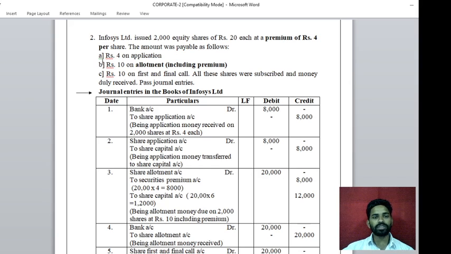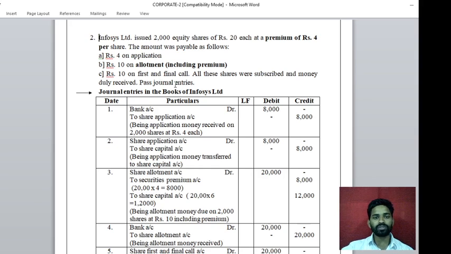Rupees 4 on application, rupees 10 on allotment including premium, and rupees 10 on first and final call. All these shares were subscribed and money duly received. So pass journal entries. With the help of this information we have to pass the journal entries.